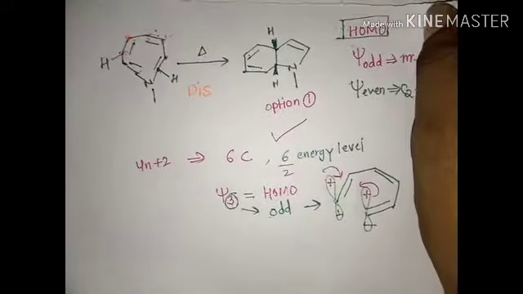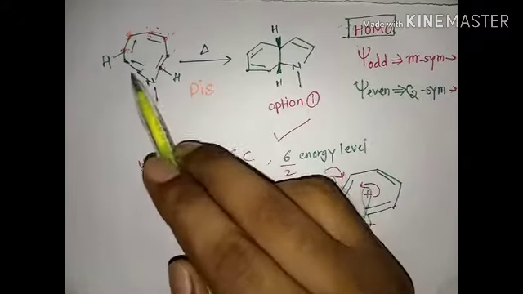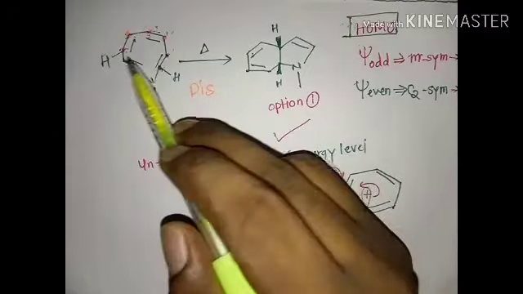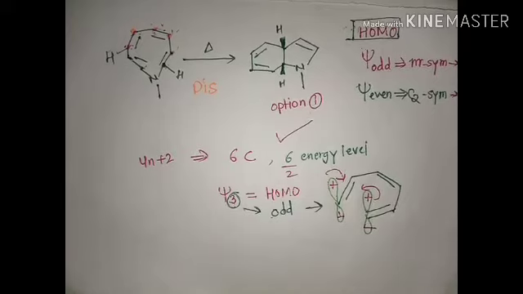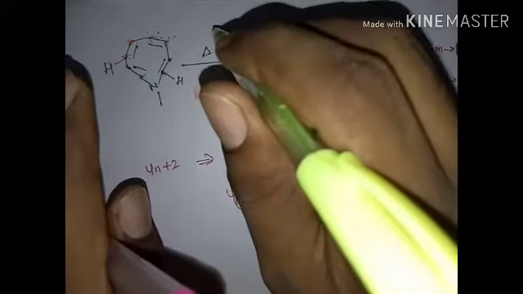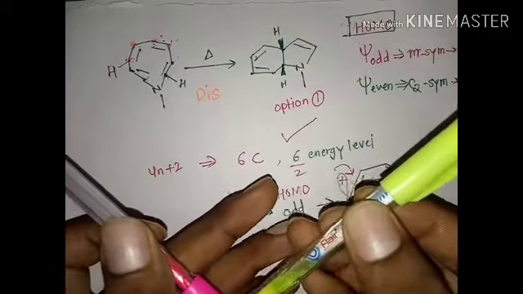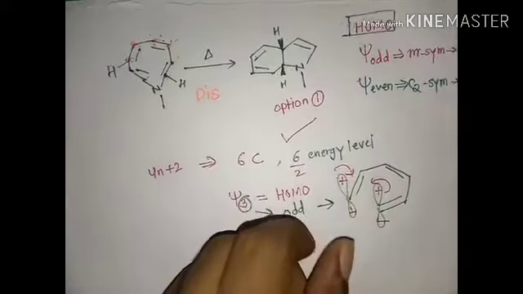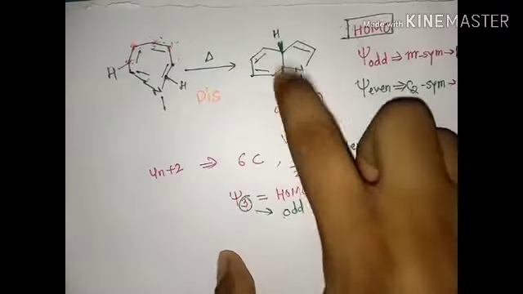If you do the operation, you will see 4n thermal disrotation. How will you apply the operation? Suppose you have the two hydrogen atoms, you will get this, and these two hydrogens will be in the same direction.